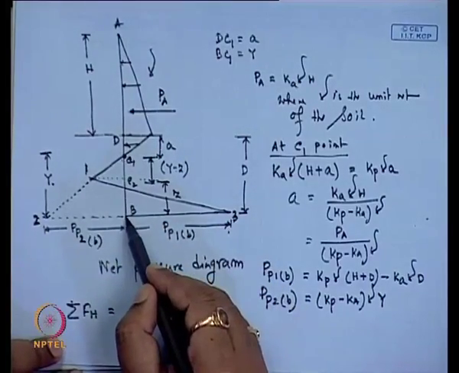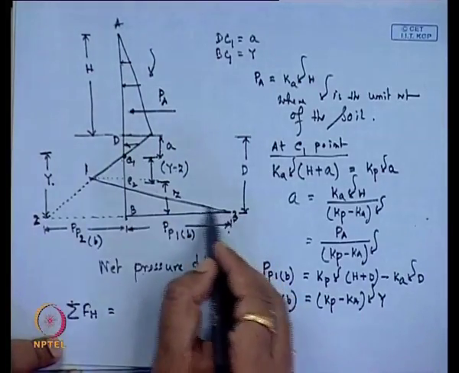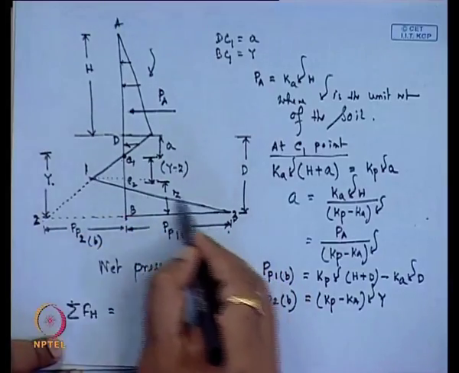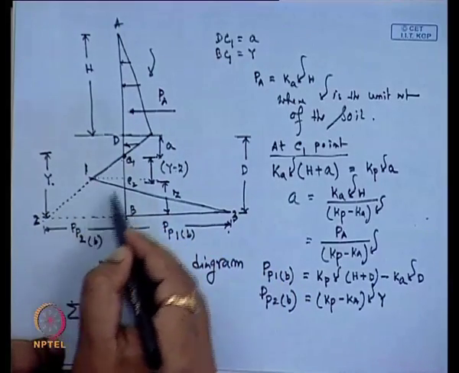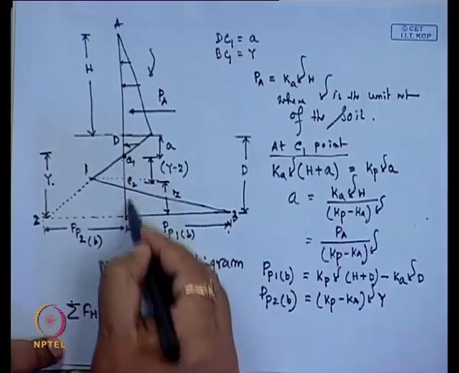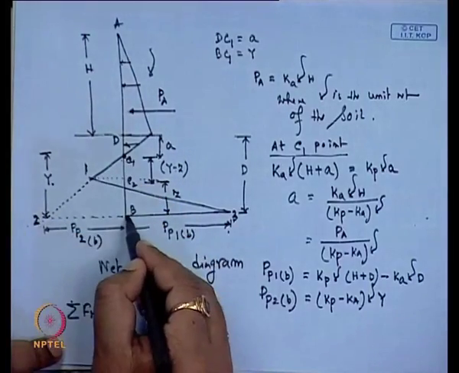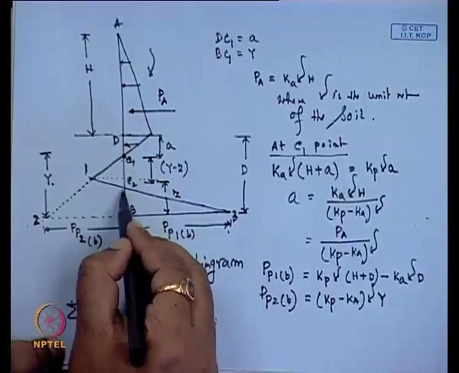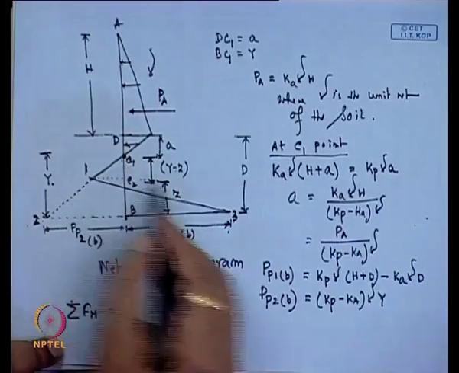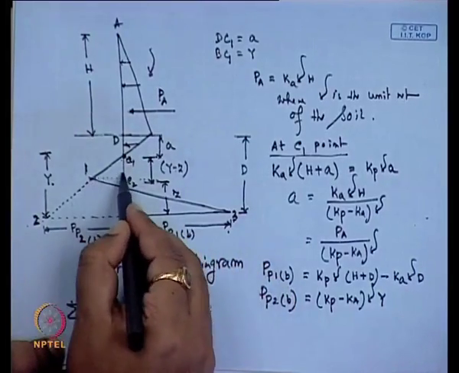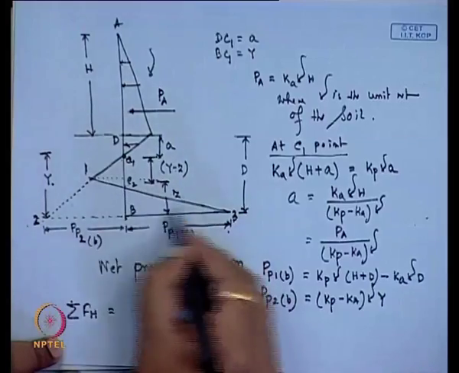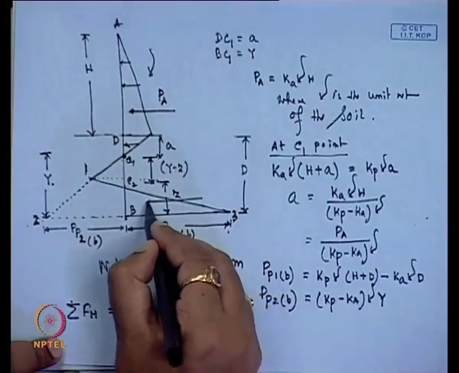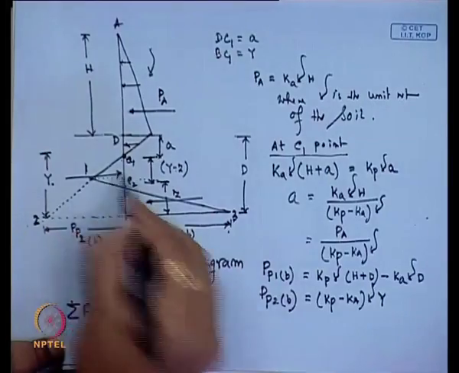B, then ultimately that means we are first considering this total triangle, then we are subtracting this triangle C 1 to B. Then what will happen? This portion will cancel out. So, this thing minus this thing, that means these are acting in opposite directions, because this force is acting this side and this force is acting this side.